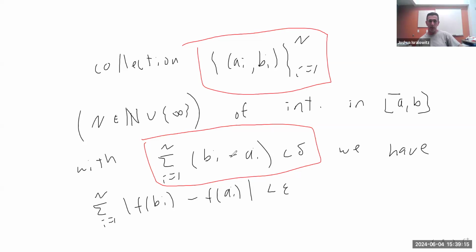Yeah, big N equals 1 gives you continuity.